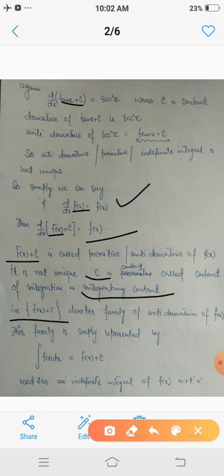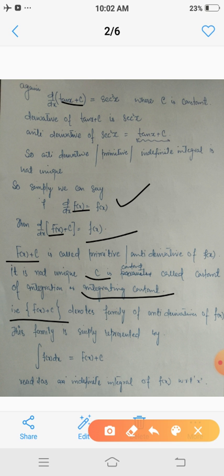So this means that the antiderivatives are not unique for a function. If capital F of x is the antiderivative of small f of x, then capital F of x plus c is the infinite family of functions which are the antiderivatives of f of x, the indefinite integrals of small f of x.